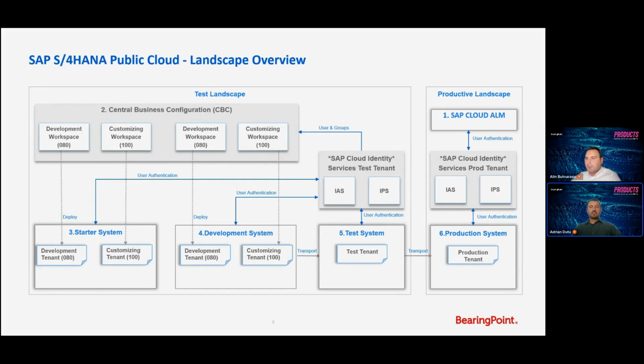To make your configuration content available in the test and prod system, you need to transport them. The test system is the one that can be provisioned next, and it's where the implementation team should transport configurations to the quality system in weekly or bi-weekly sprints, followed by testing of configured processes.